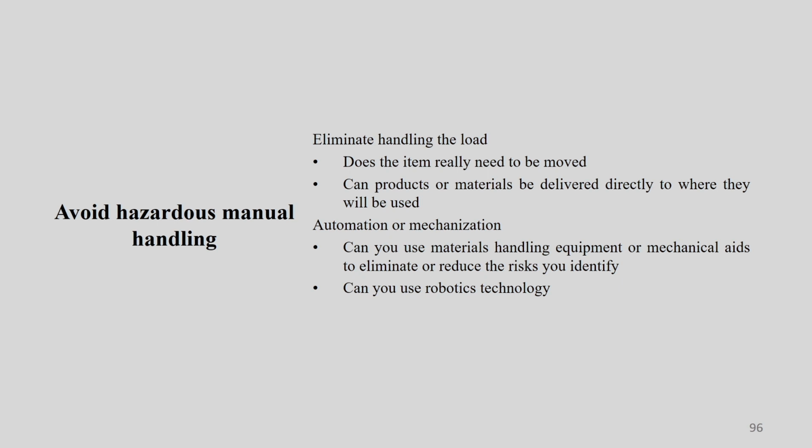It is not possible to eliminate manual material handling, and it is also not possible to introduce any mechanization or robotic technology. So what? The human has to do the job.